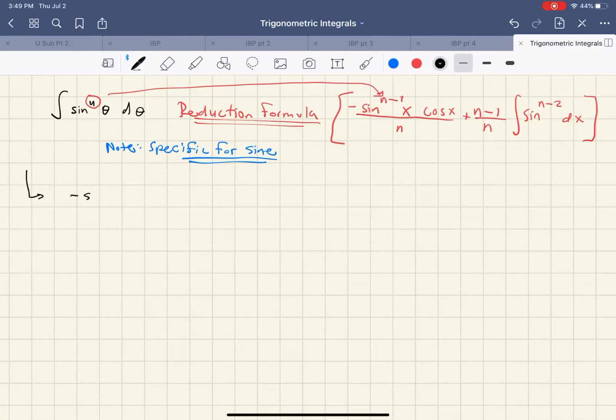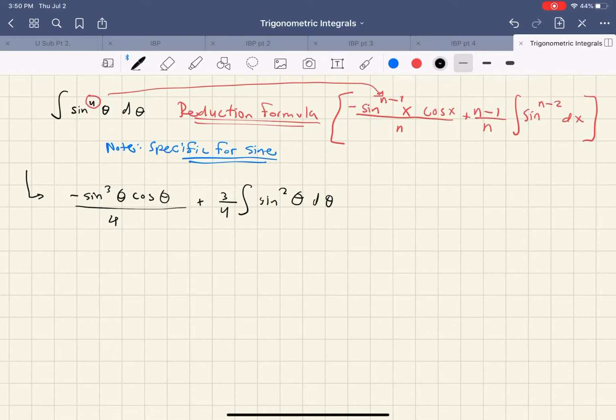So we're going to have negative sine cubed theta cosine theta all over 4, plus n minus 1 over n, which is 4 minus 1 is 3, and n is 4, so it'd be 3 over 4, times the integral of sine squared theta d theta.